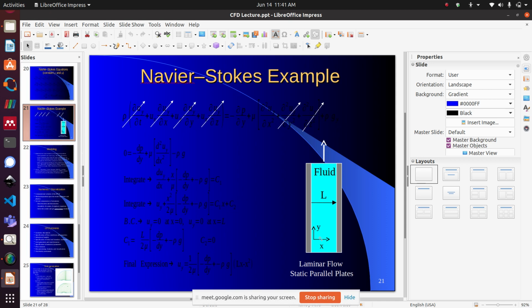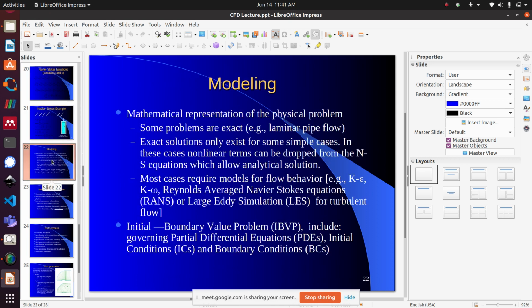There are very simple cases in which you can calculate the flow variables, the field variables, analytically. But in real engineering problems, this cannot be done. It's almost nowhere you can use this in real life.